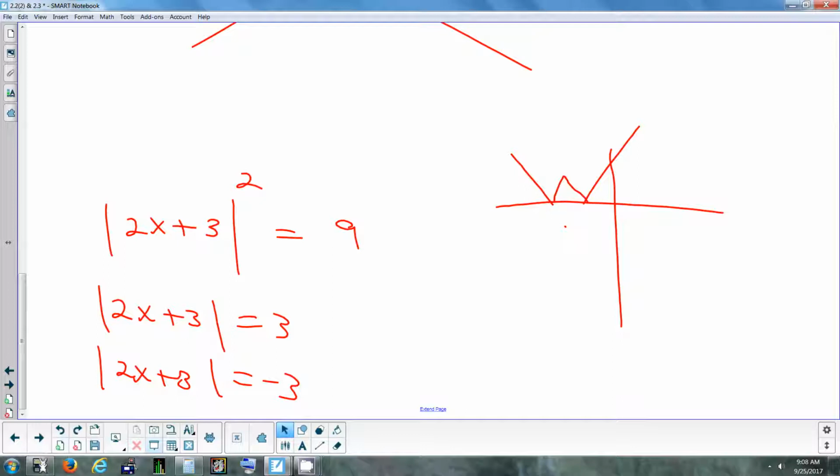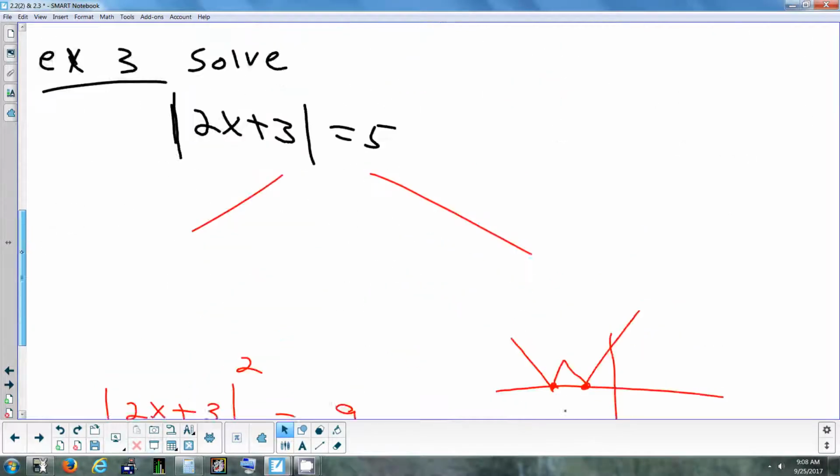So it would still only cross the x-axis 2 times. I'd have to think about it a little more to be careful, but I think something like that could happen, and you'd still only have 2 solutions. It's a good question.